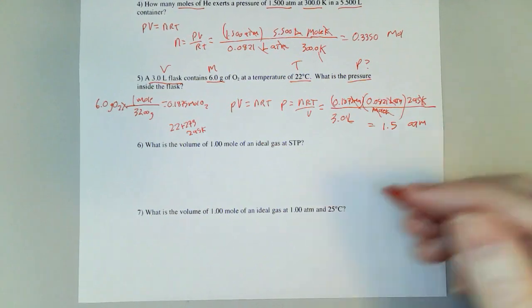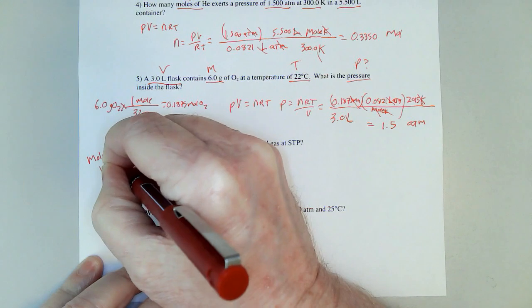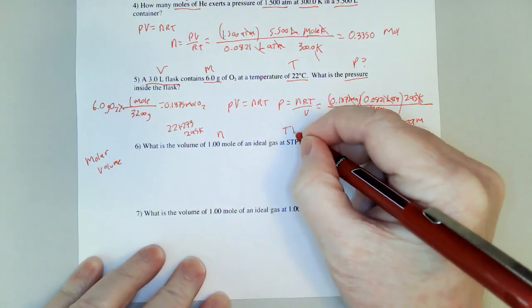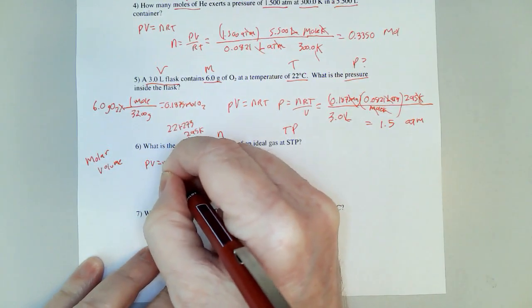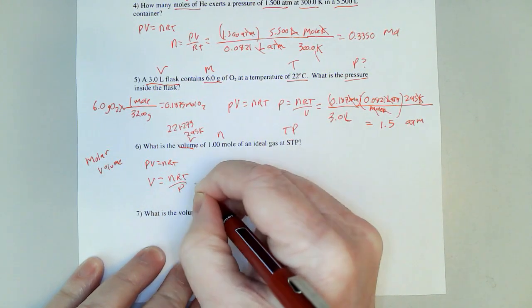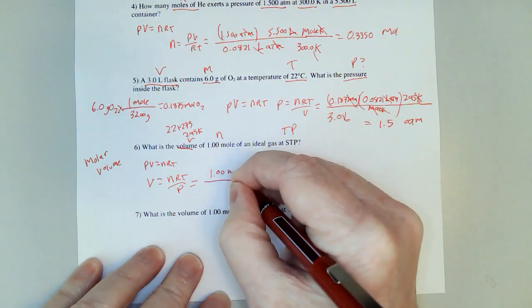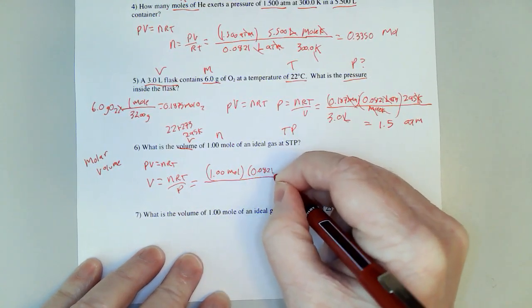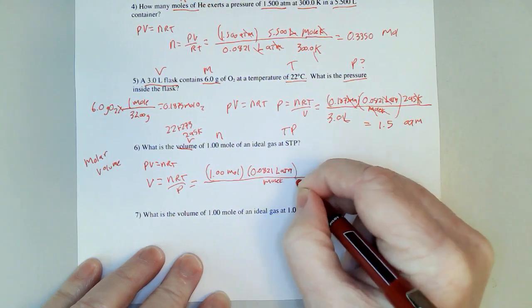All right. So now, actually, number 6 is what they call molar volume. Let's see if the number worked out. What's the volume of 1 mole? N. Here's T and P. I'm looking for V. PV equals nRT. V equals nRT over P. Let's see if this comes out to be 22.4. 1.00 moles times 0.0821 liter atmosphere per mole Kelvin.